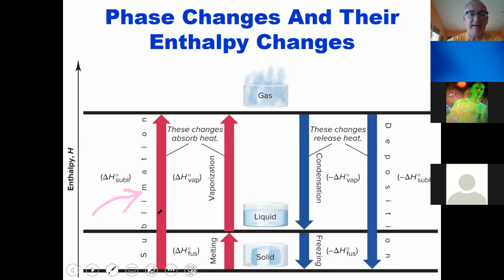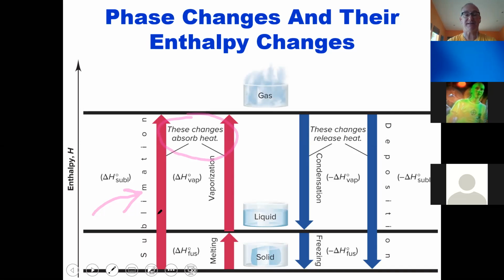And so those changes absorb heat. When you're subliming or vaporizing, going from something with low kinetic energy to high kinetic energy, it's heat that makes that change. And so you have to add that heat.